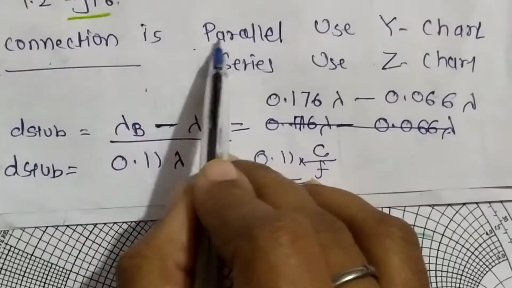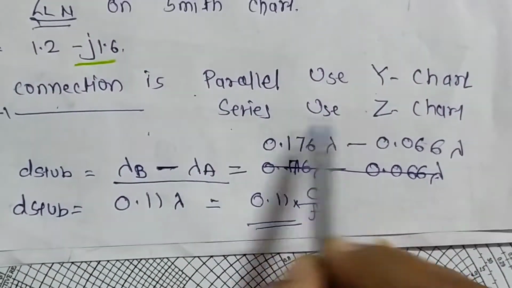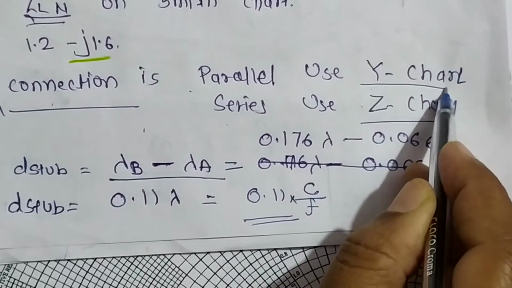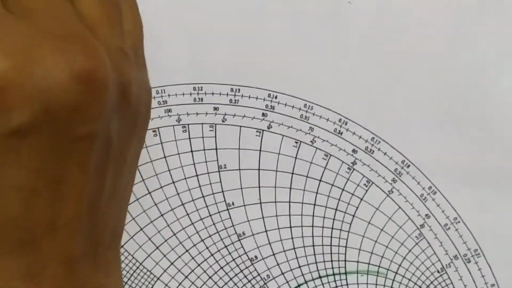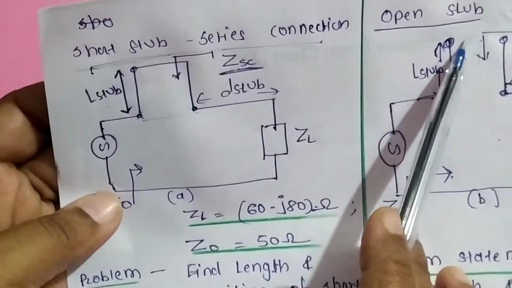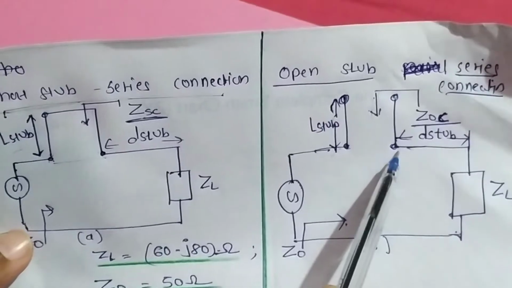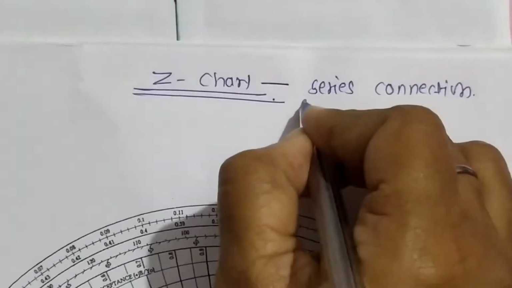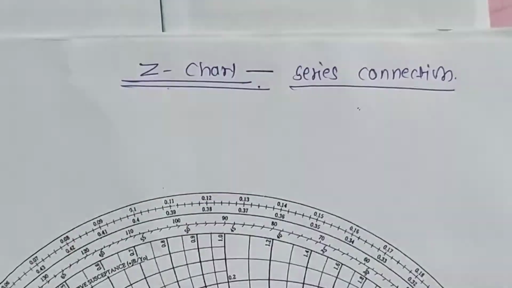We decided one thumb rule that if the connection is series, use Z chart. For parallel connection, use Y chart. The problem statement says short circuited series connection, open circuited series connection. Therefore, as series connection, use Z chart.